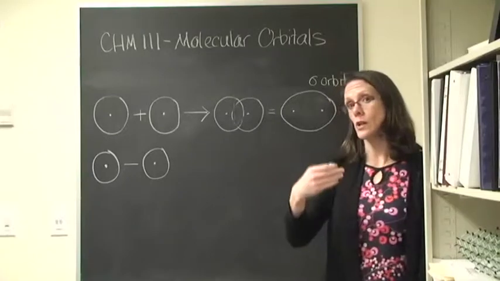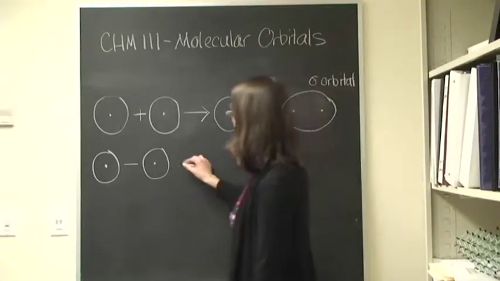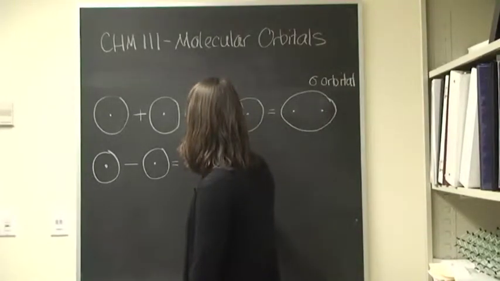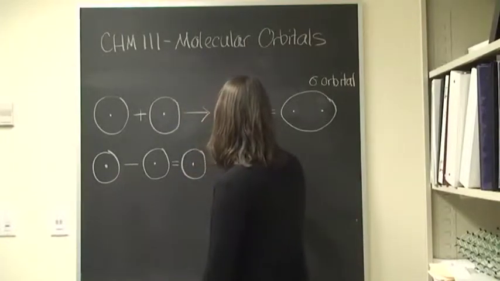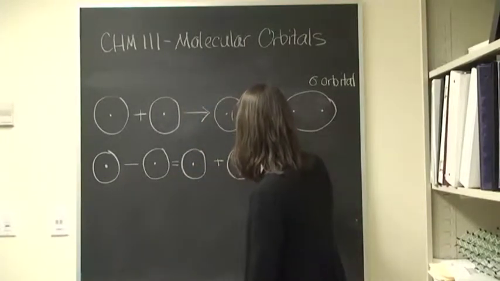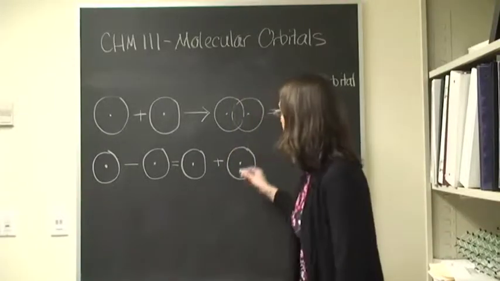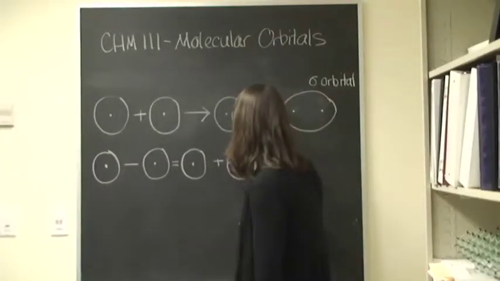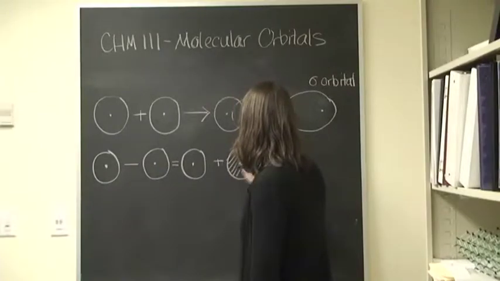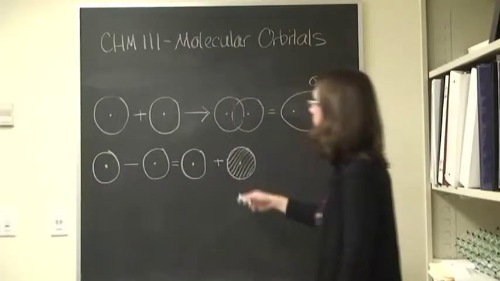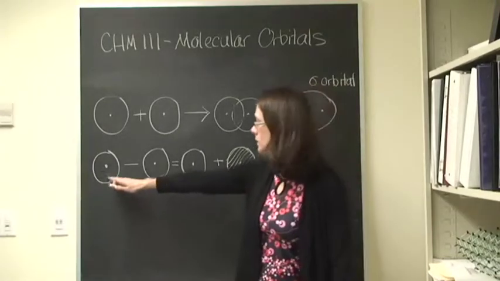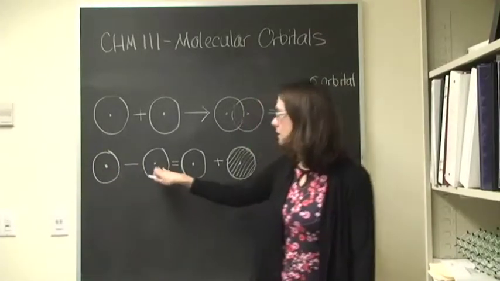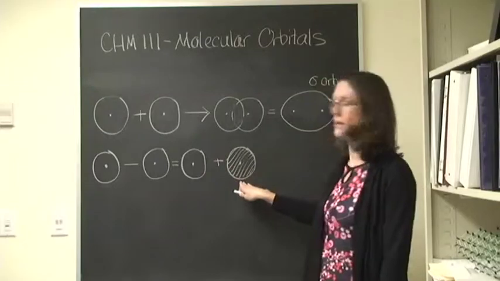Now I'm going to use another way of showing this subtraction. Subtracting one orbital from the other is the same thing as adding the negative of that second orbital. I'm going to show the negative by using something that should be familiar to you, which is shading. So I've just done something basically algebraic here, which is to say a minus b is the same thing as a plus negative b.